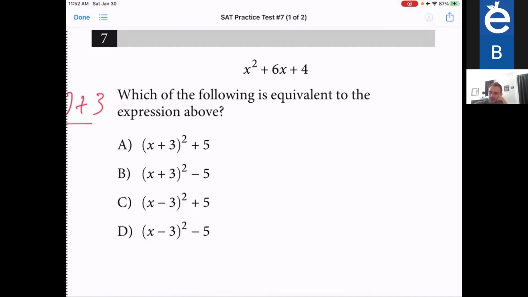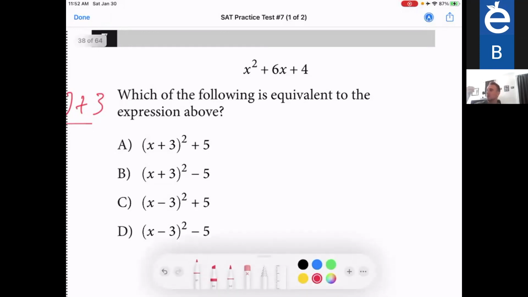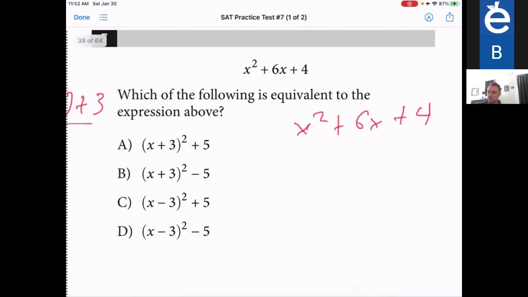If we remember our procedure for completing the square, let me bring down x squared plus 6x plus 4. I want to use my first 2 terms, my x squared term and my x to the first term, to guide what that third term should be.